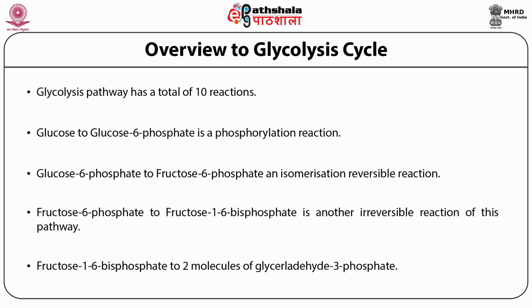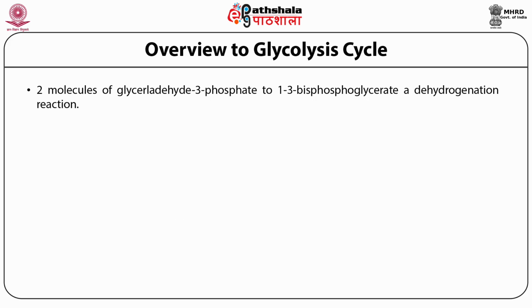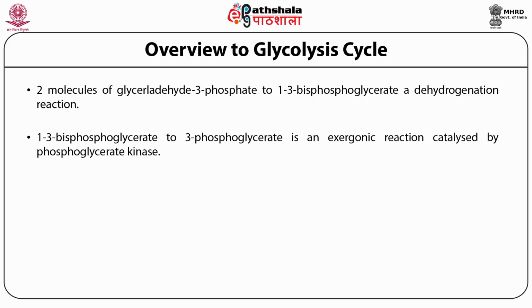This reaction is catalyzed by fructose bisphosphate aldolase. 2 molecules of glyceraldehyde 3-phosphate to 1,3-bisphosphoglycerate is a dehydrogenation reaction catalyzed by glyceraldehyde 3-phosphate dehydrogenase. Here in this reaction, NADH is formed. Additionally, the above oxidation reaction is coupled with the phosphorylation reaction that yields 1,3-bisphosphoglycerate.